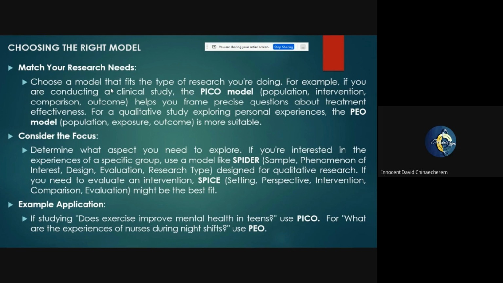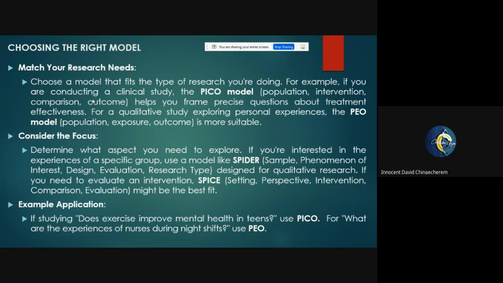Because once you have not formulated your topic, you wouldn't want to have a title or a research question that is already chosen. You would want something new, and that is where your research gap comes into play, and you still need a model to use in formulating your research gap.